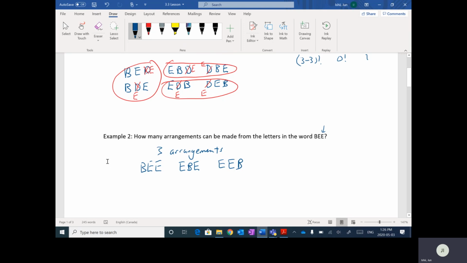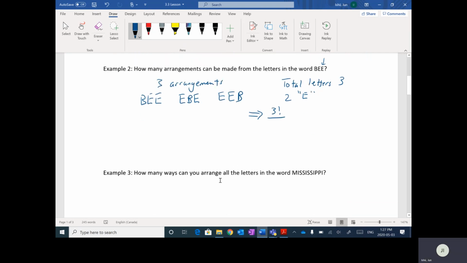Now, mathematically, to figure this out, we take the total number of letters, which is 3, and then we have 2 E's. So the answer is going to be the total 3 factorial, divided by 2 factorial.